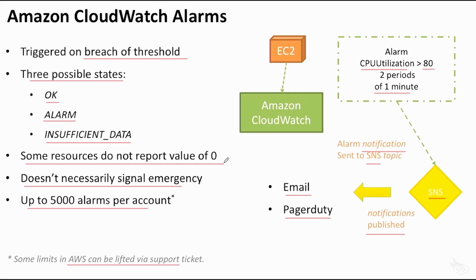So if they reach a value of 0, like the Simple Queue Service, for example, when the message count reaches 0, it won't report that. And so you could end up with insufficient data from those sources that don't report 0 values. So in some cases, insufficient data would essentially be the same as OK. And that is Amazon CloudWatch and Amazon CloudWatch alarms.